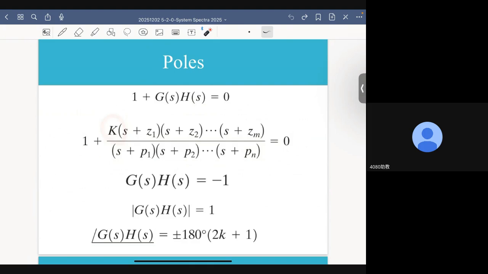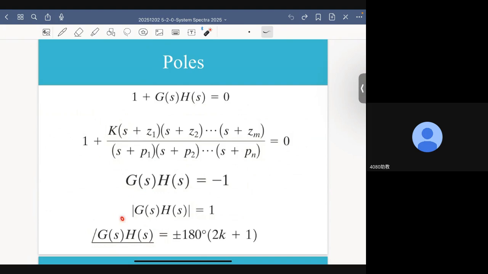As I said before, for the poles to be located on the root locus, the first condition is this has to be -1, which means its magnitude has to be 1, and this angle. Here you see magnitude and angle, which means we are viewing the locations of the poles by their polar coordinates.